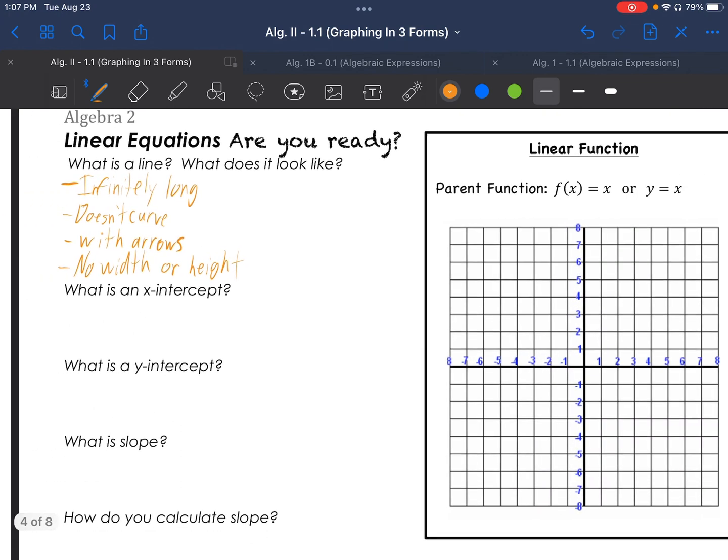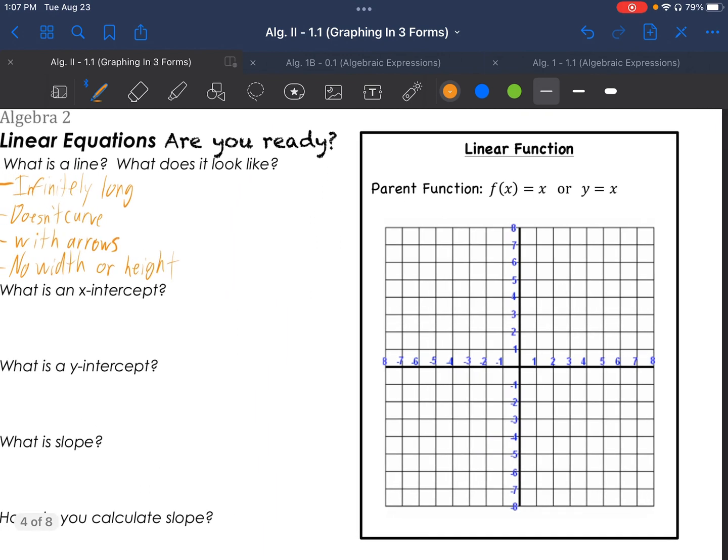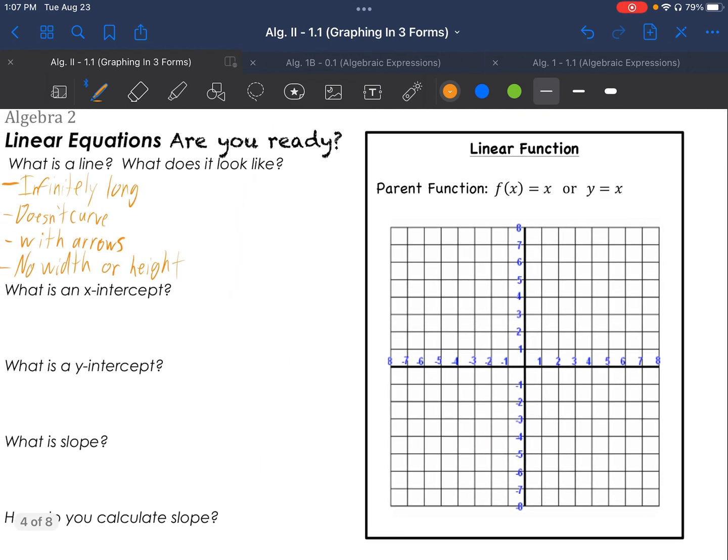Before I go on to the intercepts, I'm going to talk about this parent function. A parent function just means a basic function with no changes to it at all. So f of x equals x, aka y equals x. Remember that y and f of x are interchangeable. That would start at the origin and have a slope of 1, and just look like that.